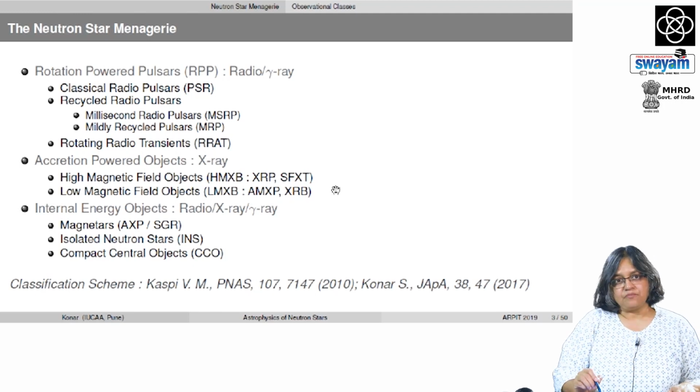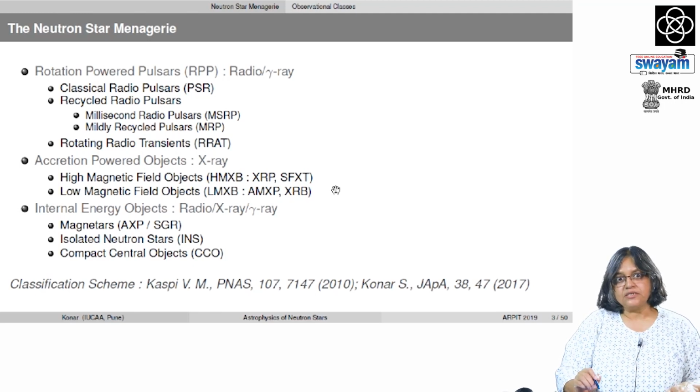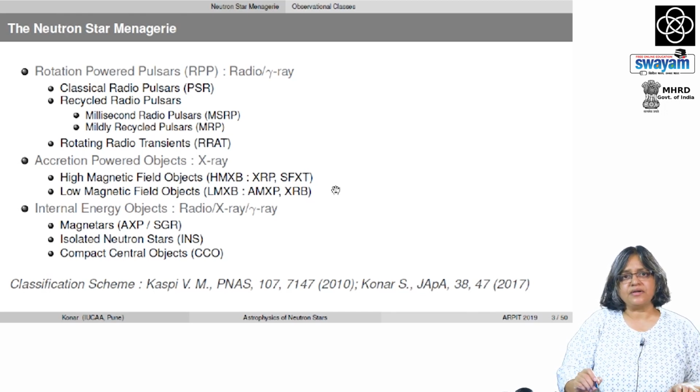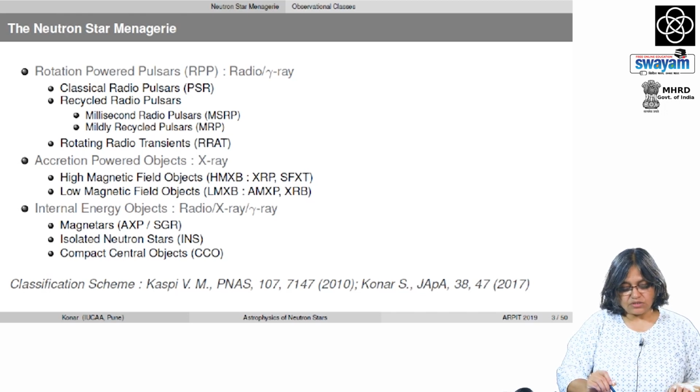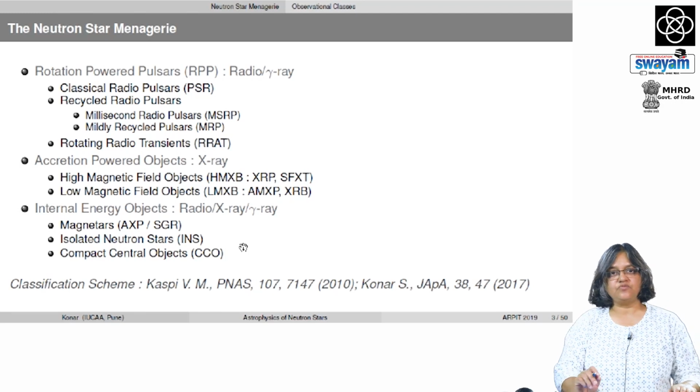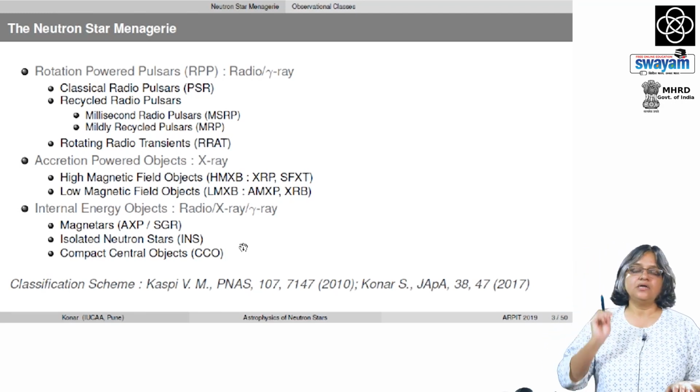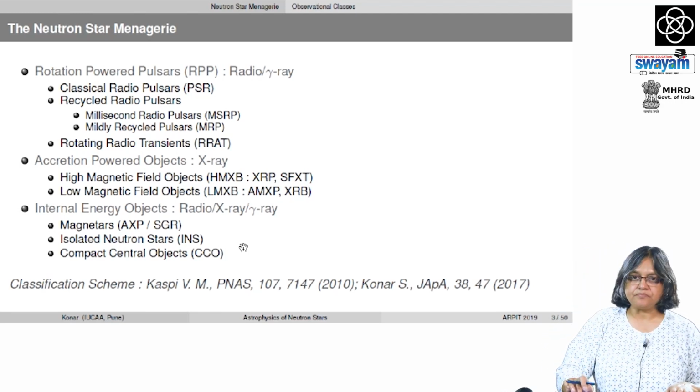So, magnetars top the list in this category, and we suspect that the energy coming from the magnetars is because of the decay of their extremely strong magnetic field. We have already talked about the isolated neutron stars and also compact central objects. So, these constitute the broad classification of the neutron star menagerie.